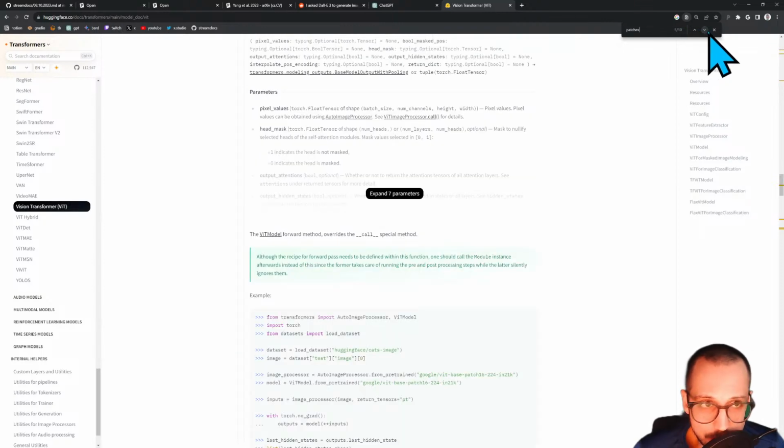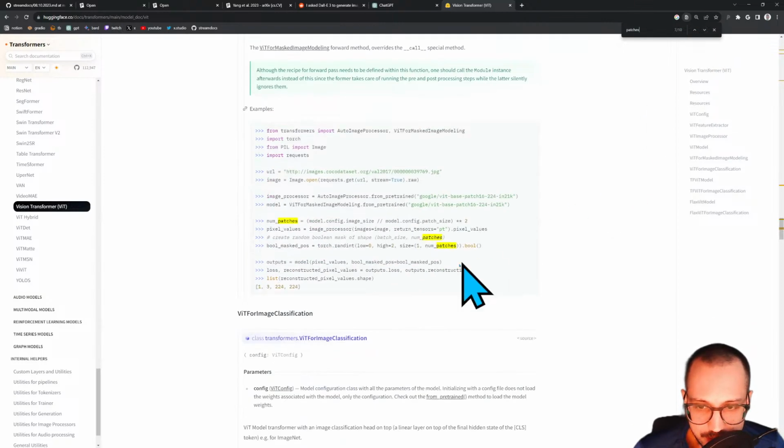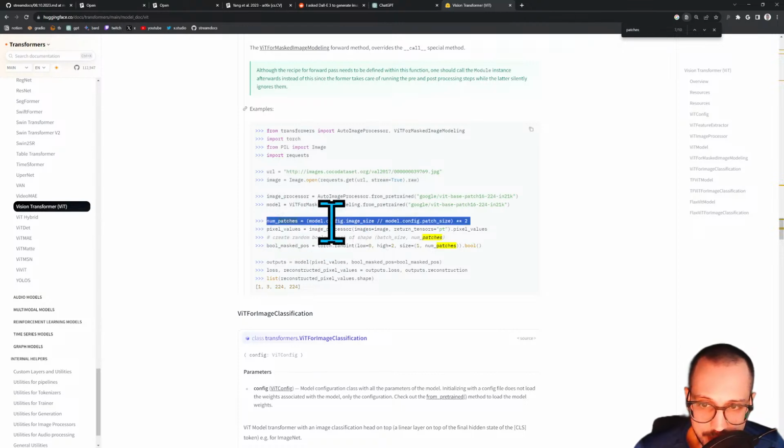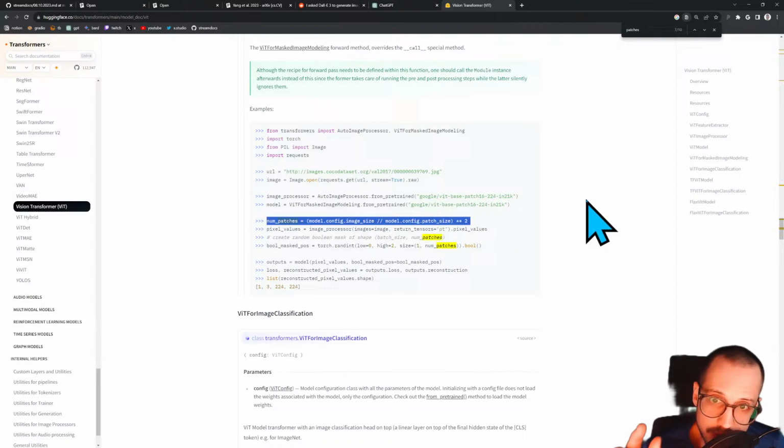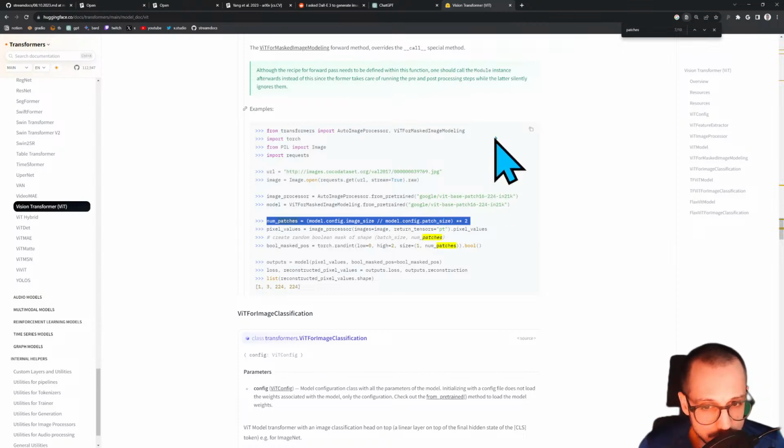You can have more patches or less patches. So here you go: num patches, model config image size, model config patch size. The more patches you have, the more unique information you could have in each individual image token.